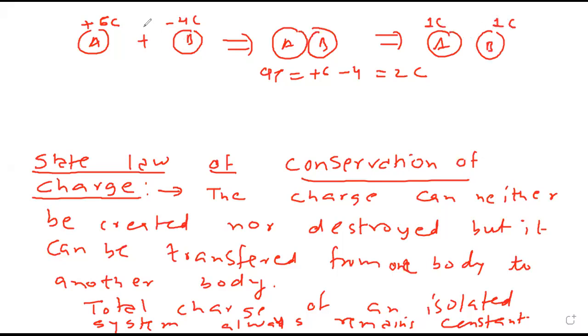But the total is again 2. What was it earlier? 2. So whenever two different bodies of the same surface area are touched together and separated, the charge will get equally divided, irrespective of whatever charge they had earlier. That means the total charge at the start and at the end remains the same. That is called the law of conservation of charge.